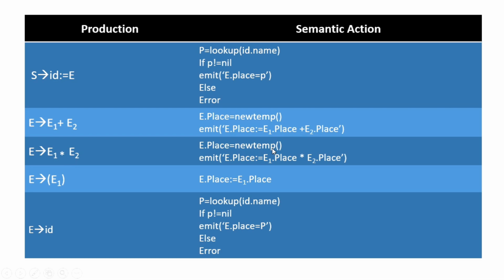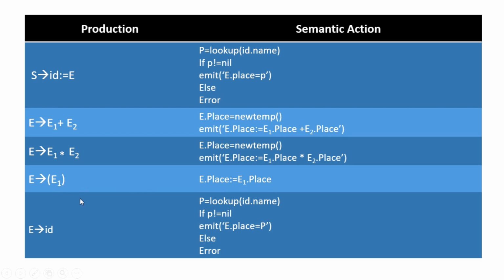If this is the second expression, then a t2 temporary variable will be created here. After that, a 3 address code will be generated where e dot place is equal to e1 dot place star e2 dot place.